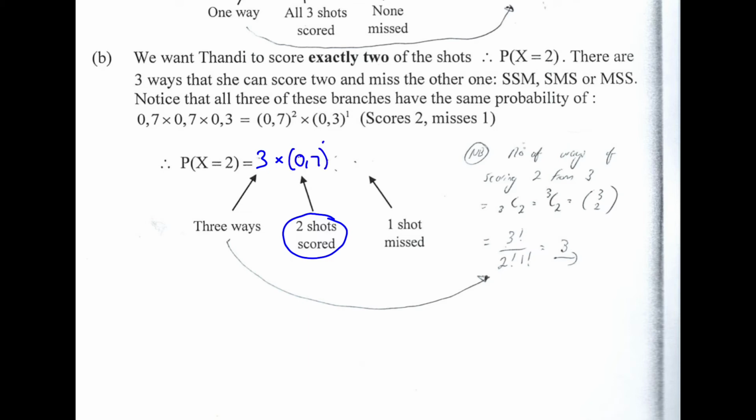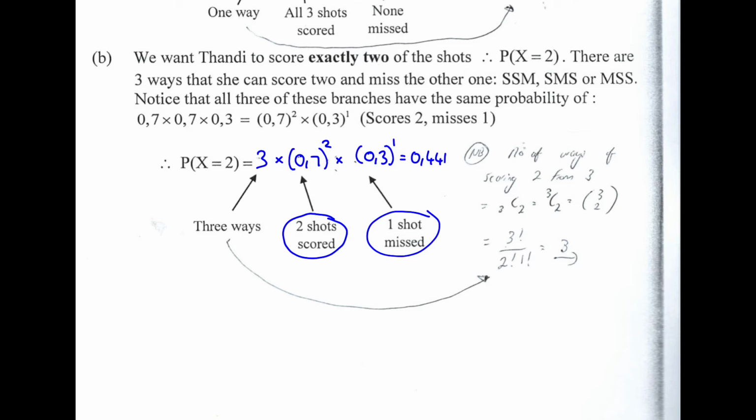Because she scored 2, we have it to the power of 2. And then how did she miss? She missed 1 shot, and the probability of her missing is 0.3 to the power of that 1 shot. And the odds of that equals 0.441.